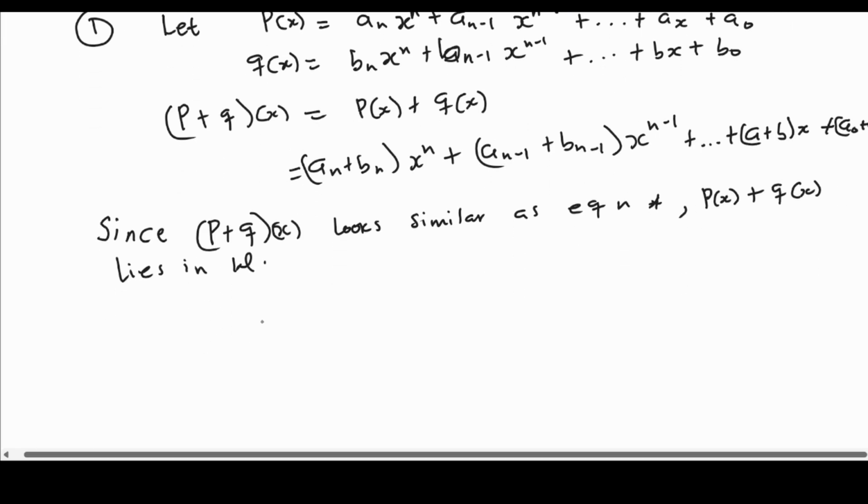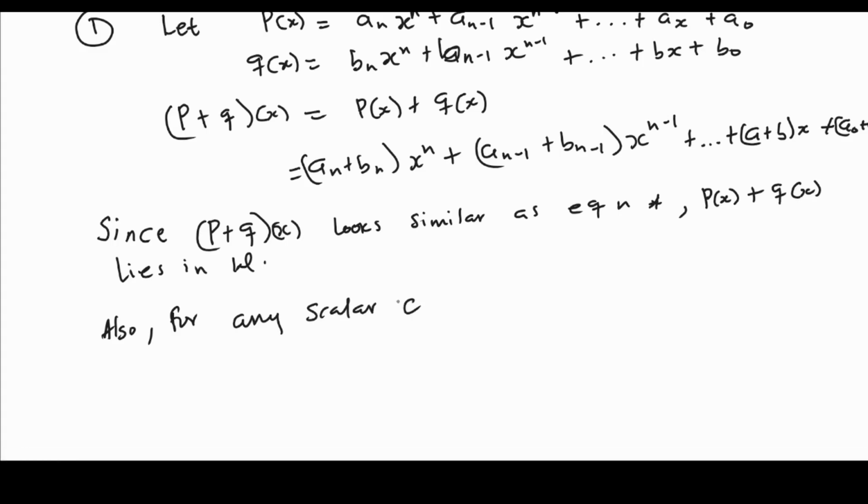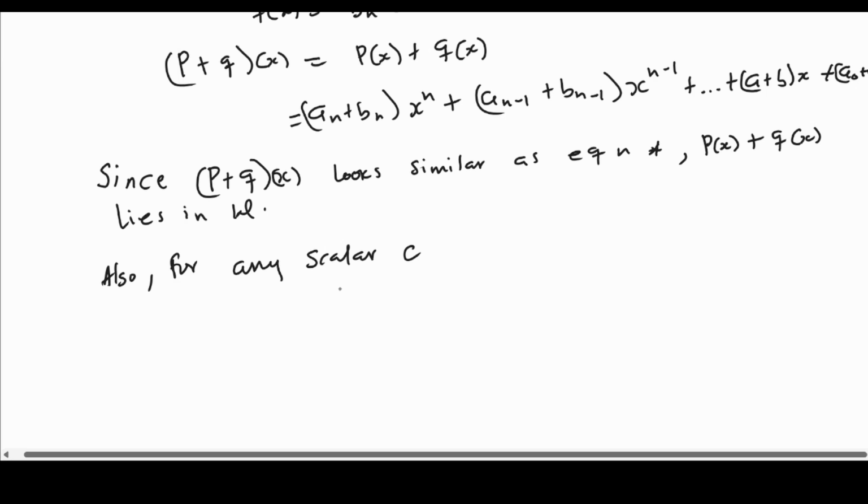Now we will prove scalar multiplication. So also for any scalar, and then the scalar we are choosing c for any scalar, then we'll have c times p of x. So we have this to be equal to c of p of x, right?